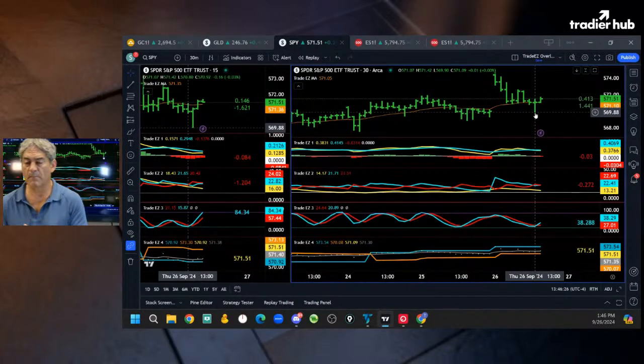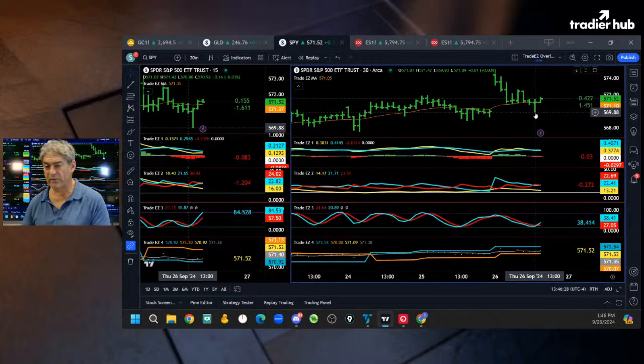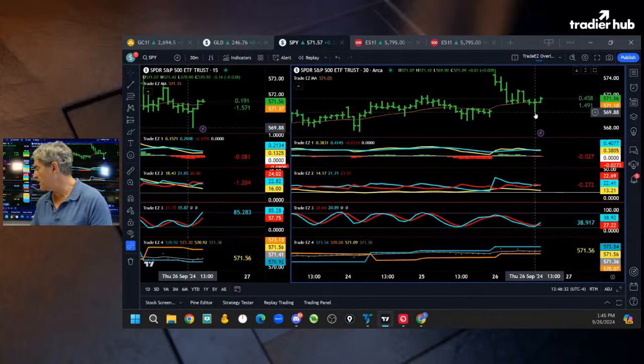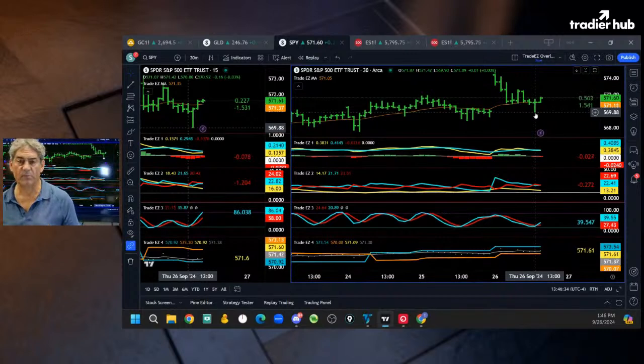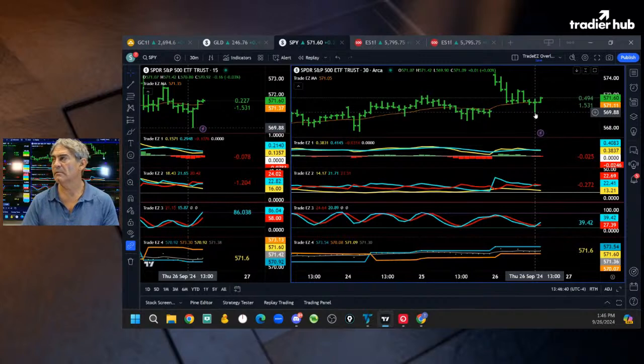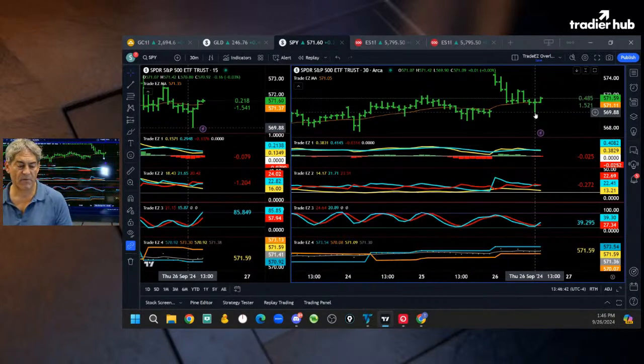I have on one of my charts the 5-minute, the 15, the 30, and the hourly. And for me, the most important thing to recognize is when you have your charts and they're all aligned, it's very, very powerful.